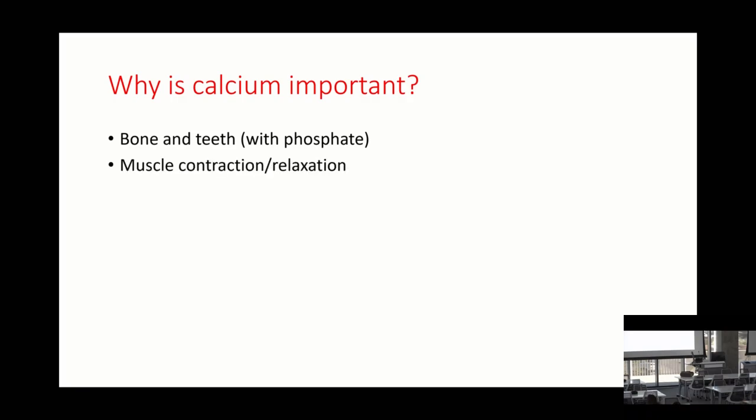Muscle contraction and relaxation. You've done this, right, the role of calcium in contractions? If you haven't, then you will, because that's part of the physiology of muscle contraction. Other functions of calcium.